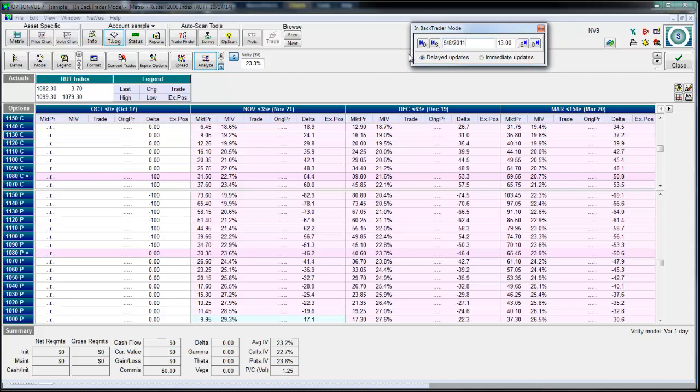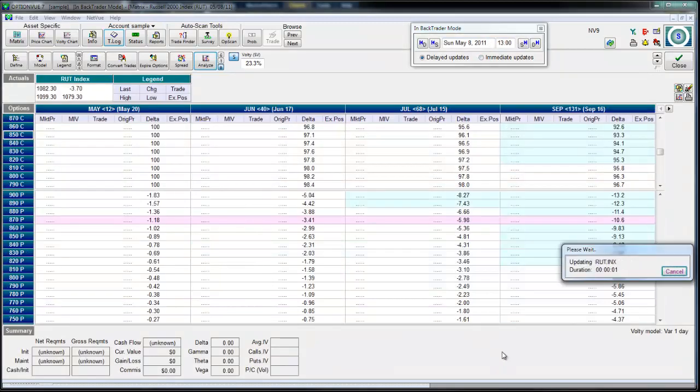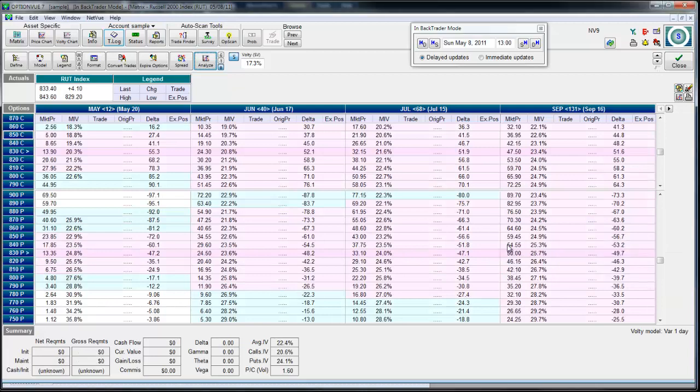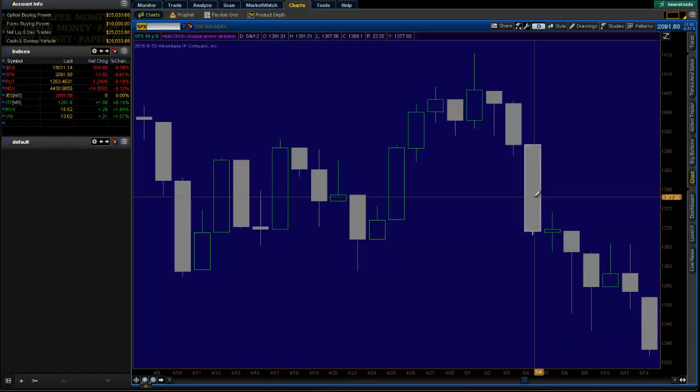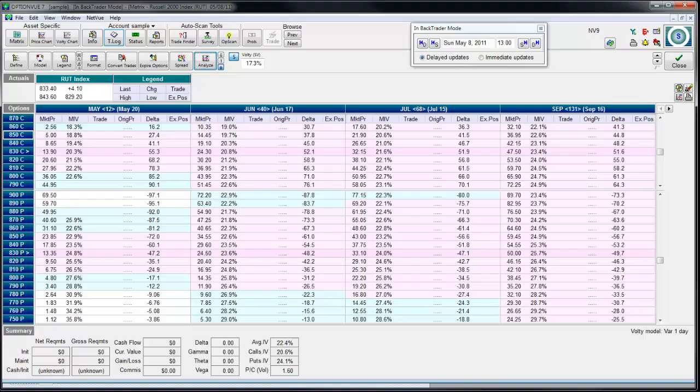May 8th, 2011. Nope, it was not May 8th, 2011. Anyway, when it had the massive spike there. All right, you know what? Now, 2012. Oh, that's why, May 8th, 2010.